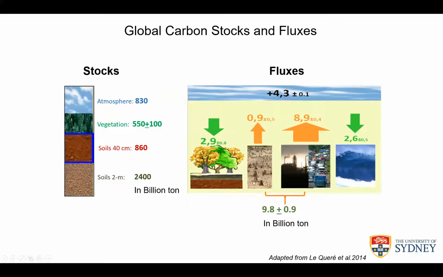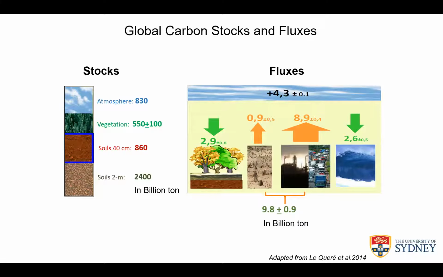And then there are also fluxes due to land use change. That means previously it was a forest, a carbon sink that stores carbon, but if you chop down the tree or other things, there's lots of decomposition happening, and there are fluxes. So in total, the human-induced carbon change is around 9.8 plus or minus 0.9 billion tons of carbon every year.